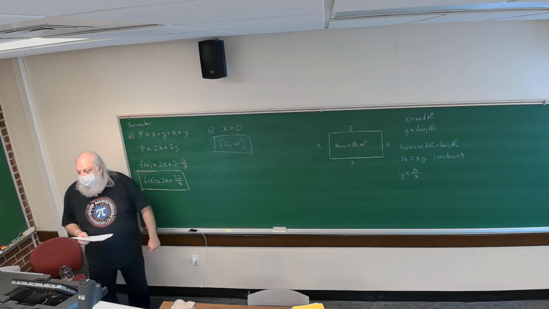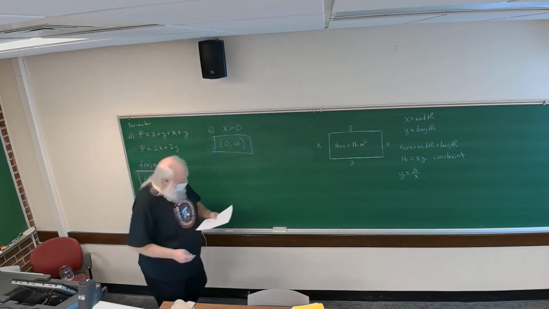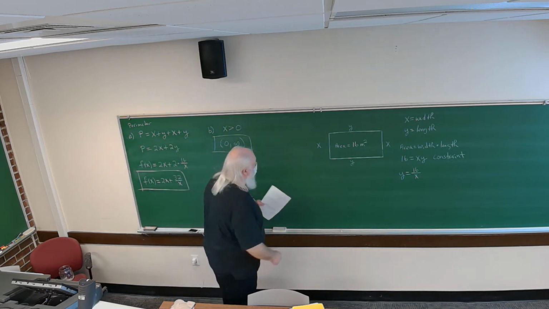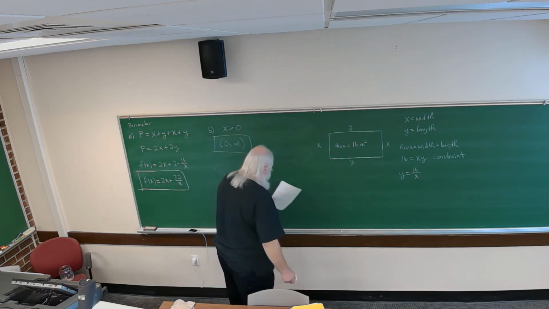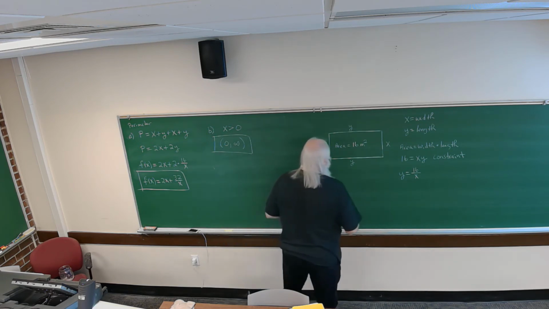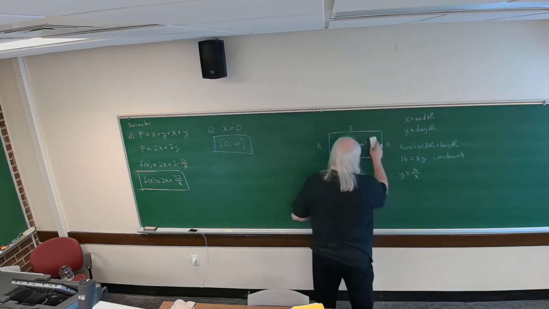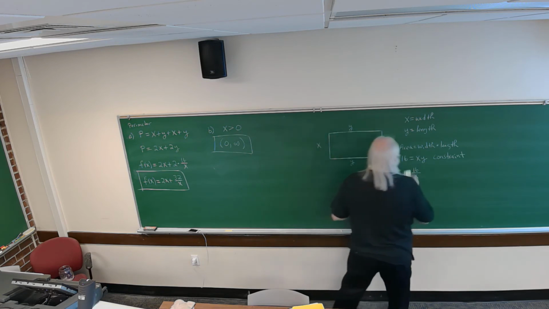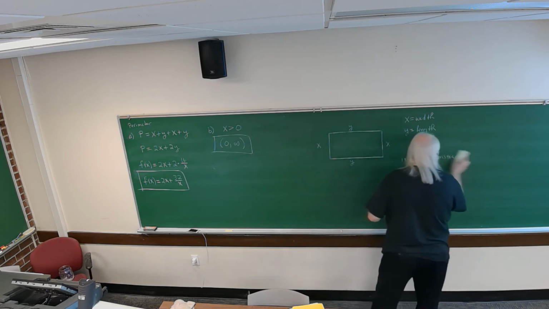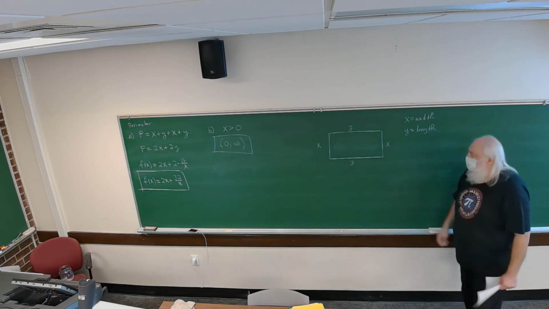In example 2, a rectangle has a perimeter of 20 meters. Express the area of the rectangle as a function of the length of one of its sides. We're doing the same setup. You have a rectangle.